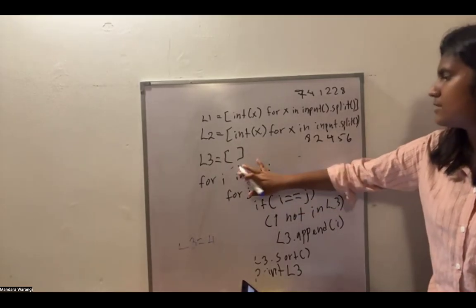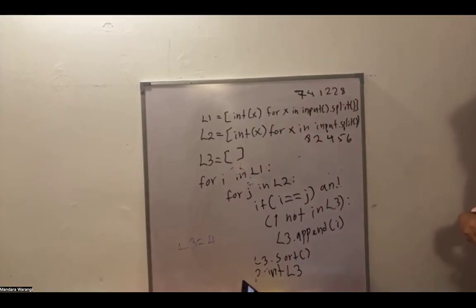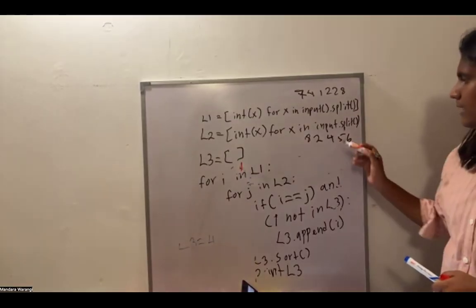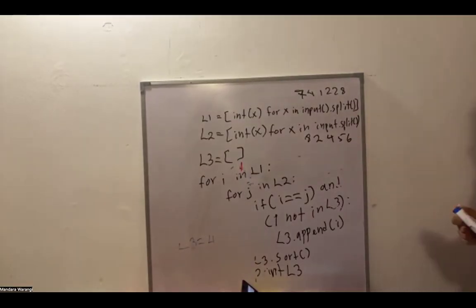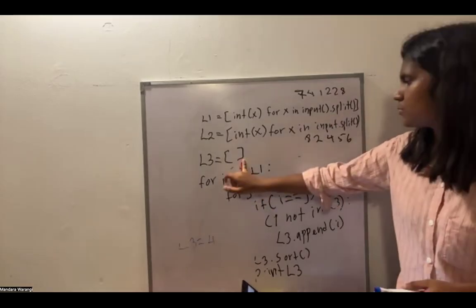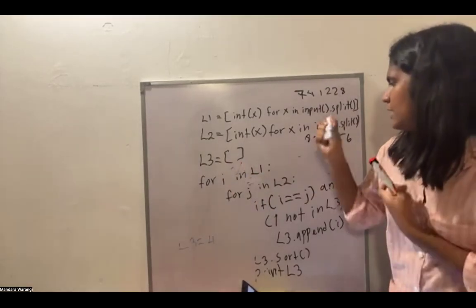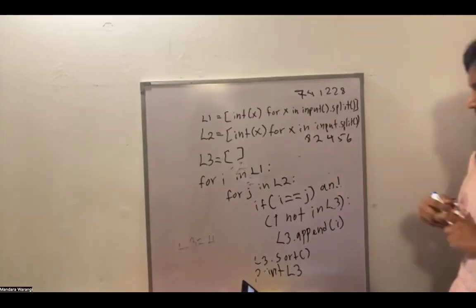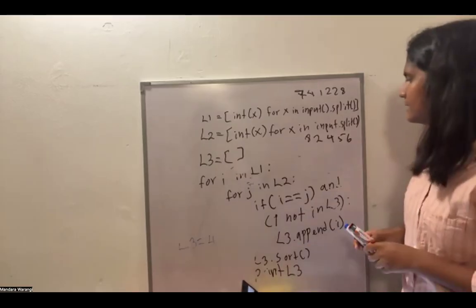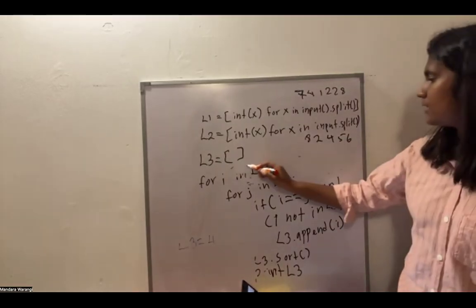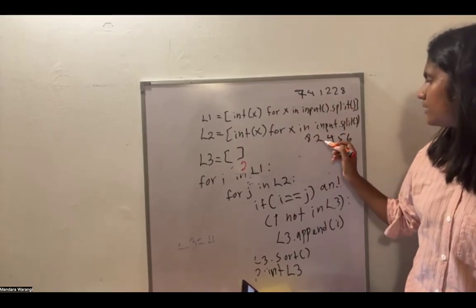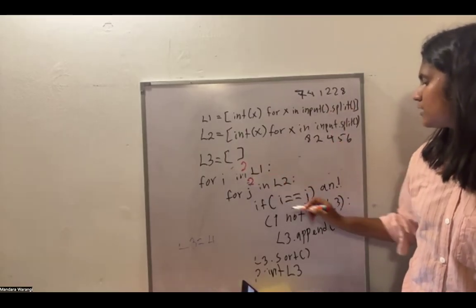Then we change this into 1. Then again 8 comes. No. 2, 4, 5, 6. No. Then we change it into 2. 8 comes. No. Then we check 2. 2 is equal to 2.